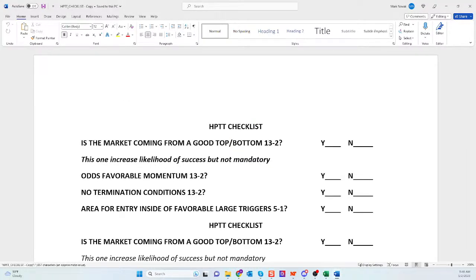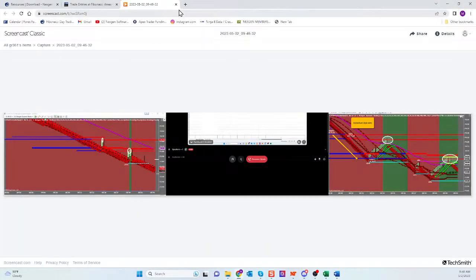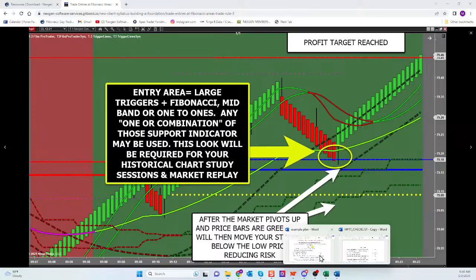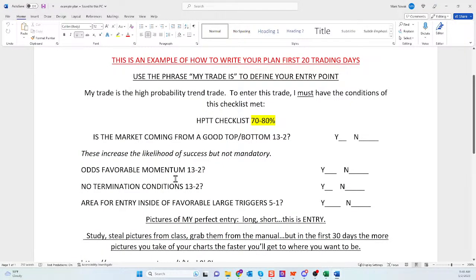I'm going to give you this checklist. Print it out. Put it on your desktop. Have it on one of your spare monitors so that you can stare at it and verify it every time you take a trade. So in order to enter the trade, my plan says that my rules must be met. I'm a rules-based trader because my rules provide a statistical advantage of a trade that typically wins more than it loses.